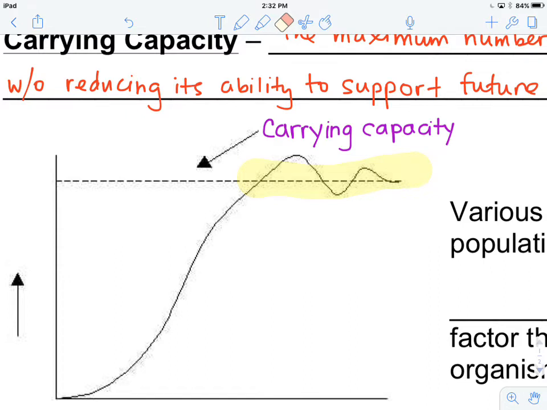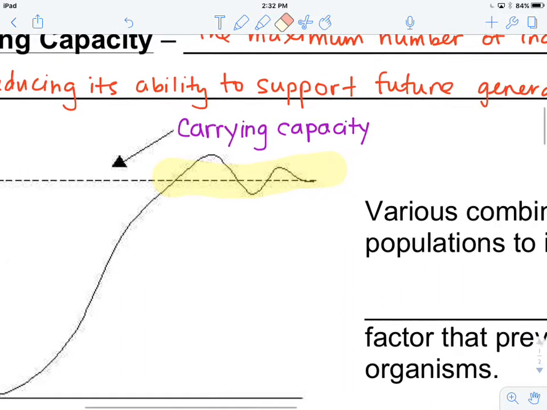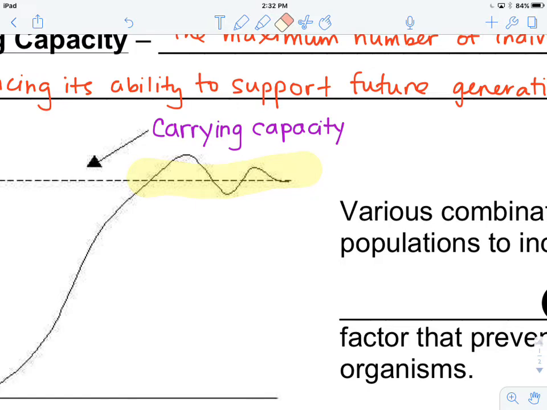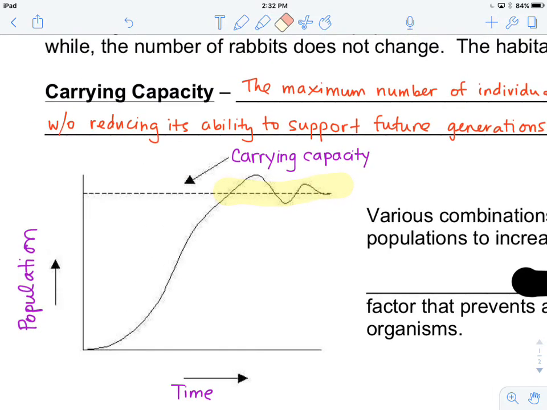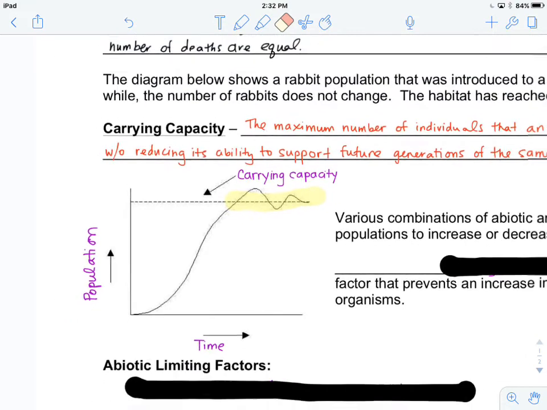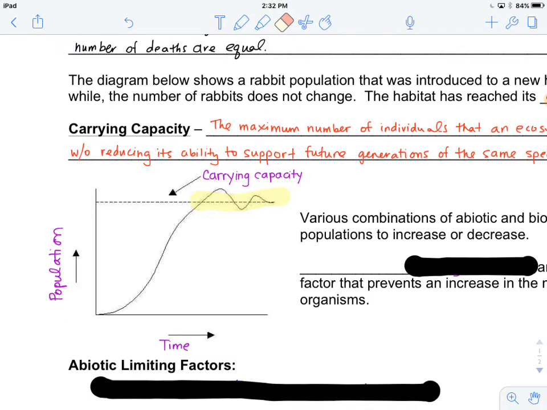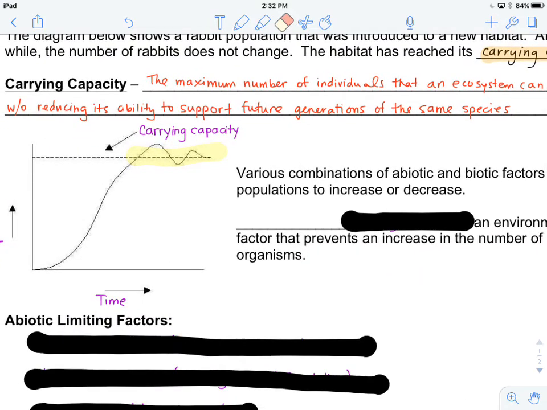So sometimes it's a little bit higher, sometimes it's a little bit lower, but basically it wobbles back and forth along this dashed line, which is known as the carrying capacity. And this is the maximum number of individuals that the ecosystem can support. Okay? More than that, and the ecosystem starts to get into some troubles.